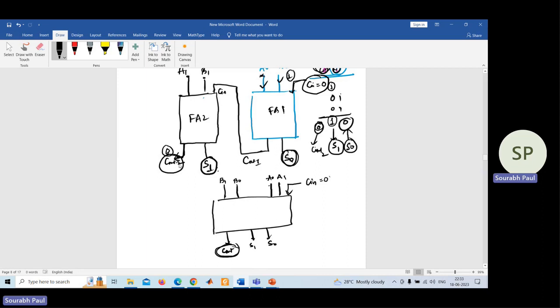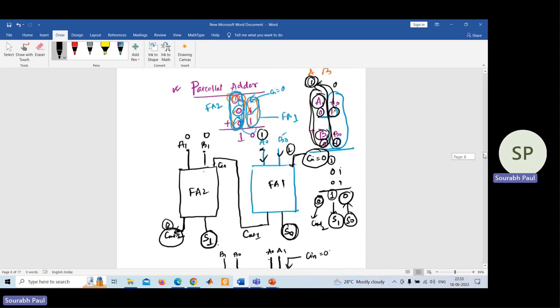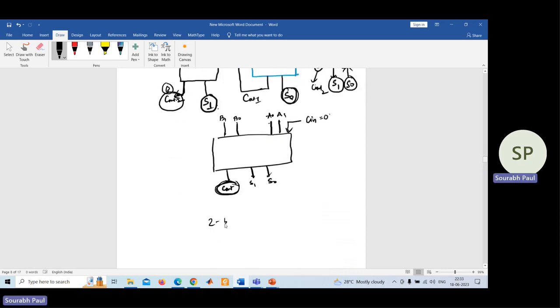As we have done the addition of two numbers, each having 2 bits, this is actually a 2-bit parallel adder. Likewise, if both the numbers have 4 bits, then we have to use a 4-bit parallel adder.